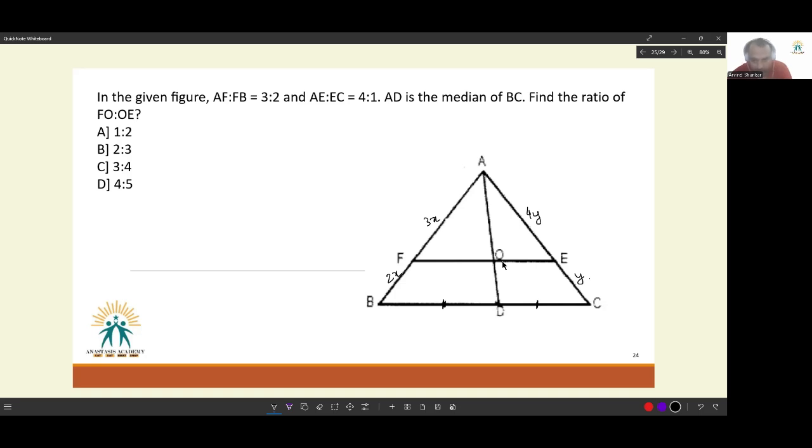Now, in order to solve this, we need to pay attention to lots of stuff. See, if I join these spots, F to D, and I join E to D, look at the triangles.